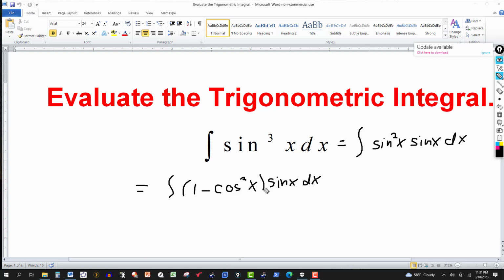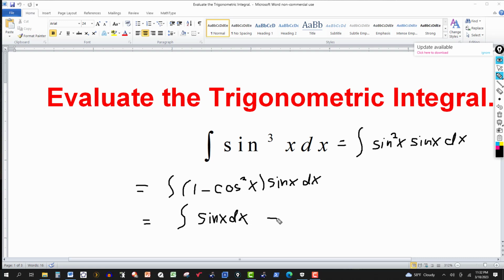And then we're going to multiply through by sine of x and then split up the integral. So this will equal the integral of 1 times sine of x dx. That'll be one integral. And then multiply sine of x times the minus cosine squared here.